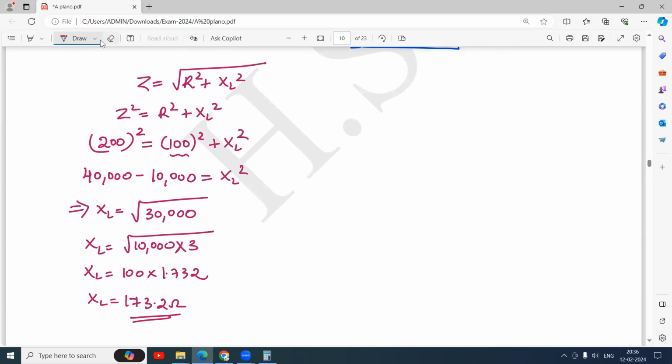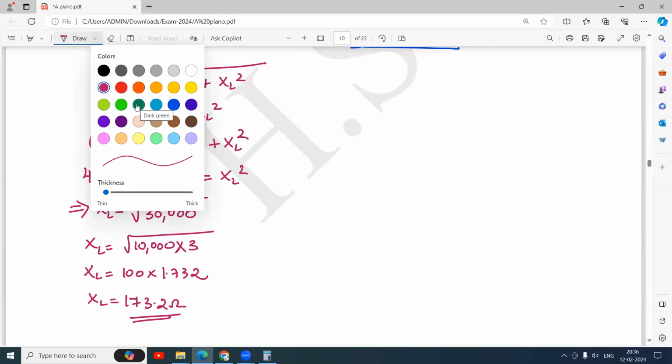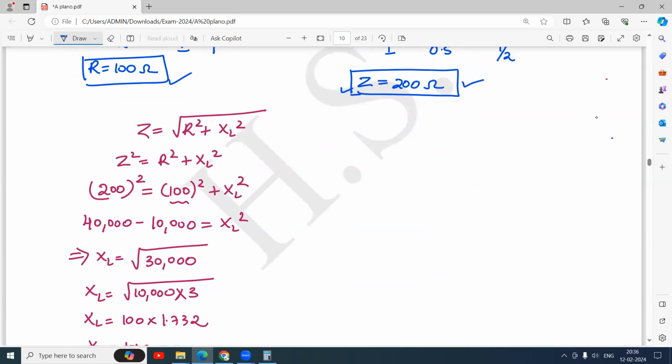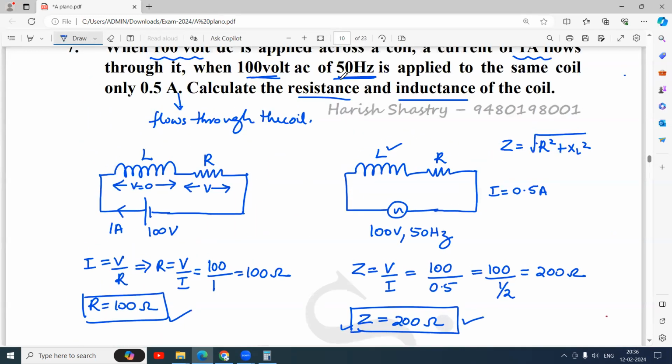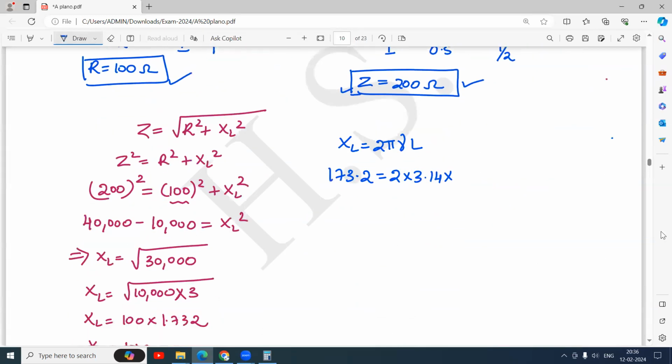Once you get XL, you can find L, because XL is equal to omega L, which is 2 pi nu L, and everything needed is given here. XL is 173.2 ohm, and nu is 50 hertz. So 173.2 is equal to 2 pi into 50 into L. 2 into 50 is 100, into 3.14 is 314.